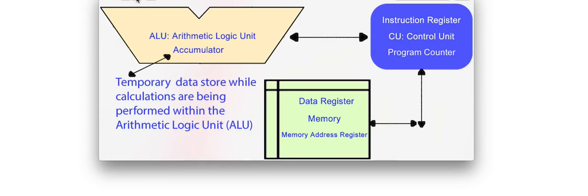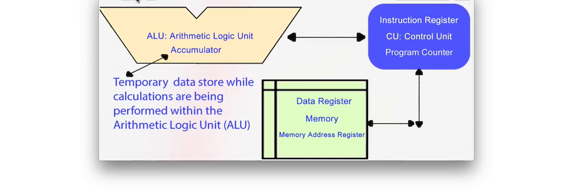And it's a temporary store, and all registers are just temporary stores. We must remember that. The accumulator is a temporary data store used while calculations are being performed within the ALU. So if a value has been calculated and we're waiting for something to happen to it, that's where it will be. It will be in the accumulator.